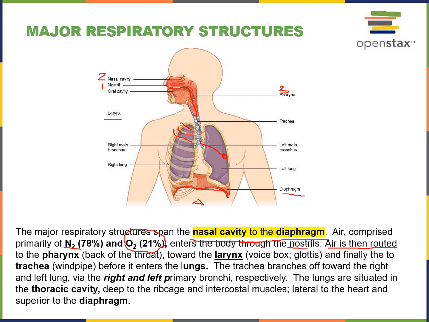It's often what's referred to as the Adam's apple. So that would be the passageway to the pharynx, and from the pharynx it then goes to the larynx. So you can remember pharynx as the common term used is throat, and larynx, voice box. The opening to the voice box is a structure referred to as the glottis.